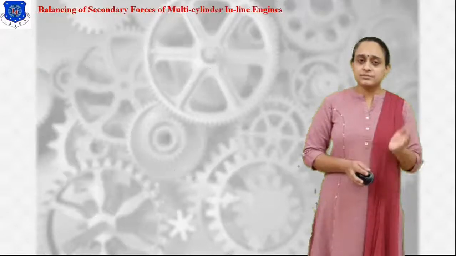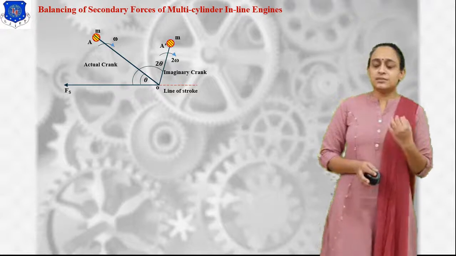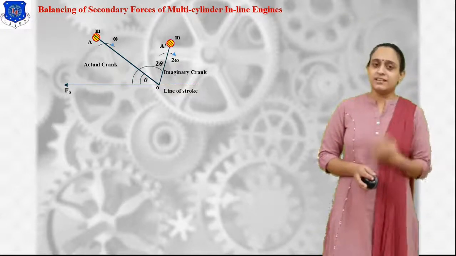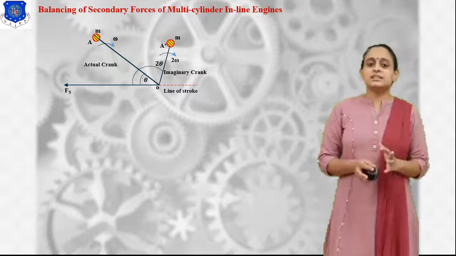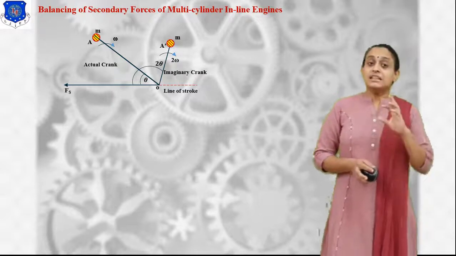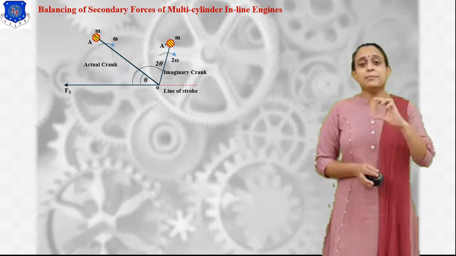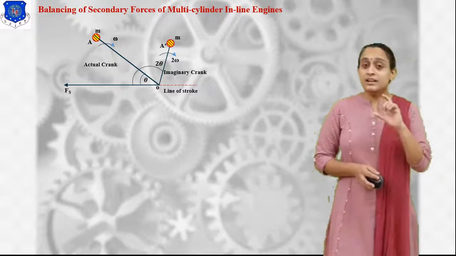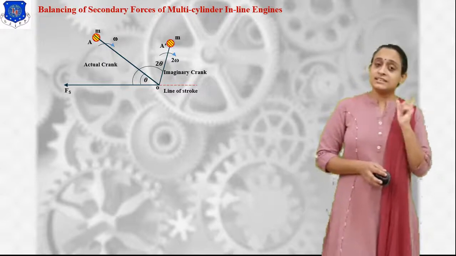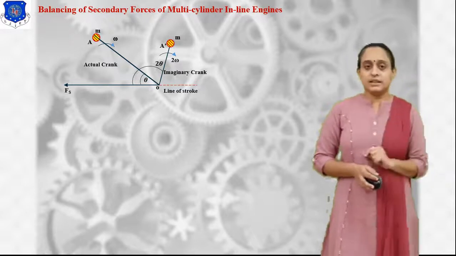Let us have the primary couple. Now if we consider the secondary force and the secondary couple value, the secondary force is none other than the force due to the imaginary crank. If the actual crank is at radius r, the imaginary crank will be at r by 4n length. The actual crank is at theta angle, the secondary crank should be at 2 theta angle.